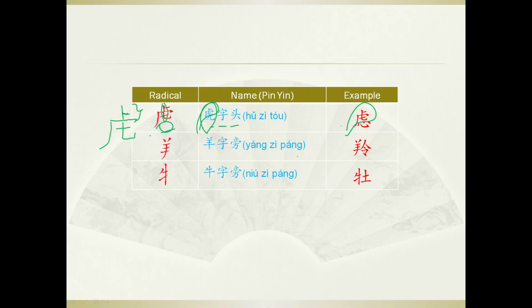This part should be another 1/3. And the empty space would be the last 1/3. Many words with this radical are related to bad, fierce animal or thoughts. For example, this word 虑, concern, worry.